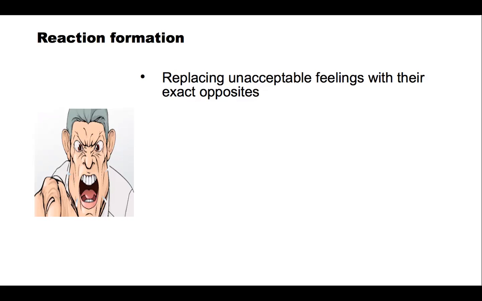So it is defined as the unconscious transformation of unacceptable impulses into exactly opposite attitudes, impulses, feelings, or behavior. So, example is a jealous boy who hates his elder brother may show him exaggerated respect and affection towards him. Or another example, a woman who actually dislikes her mother in law hides her feelings by being always nice to her.